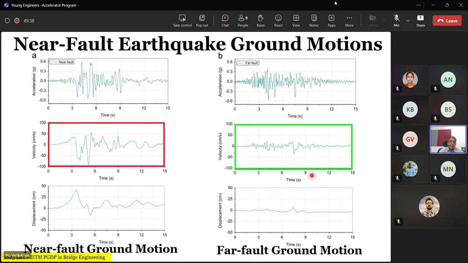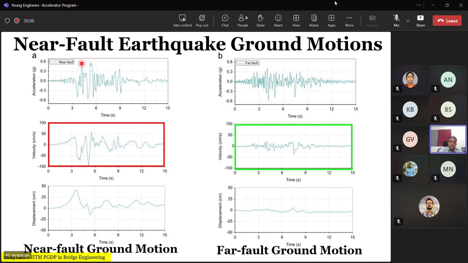Now, what you notice in the accelerogram measurements of near field and far field recordings, what difference do you see? At the time of the earthquake, there is a pre-earthquake peak and then a dying down portion.